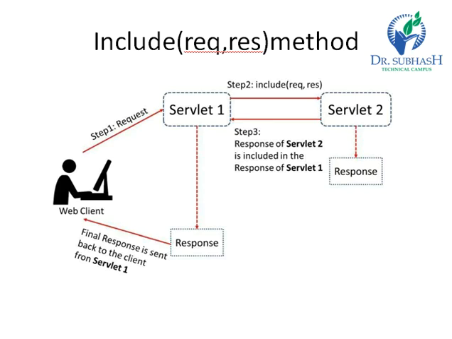The request and response must be the same objects that are passed to the service method. In both the forward and include methods, the request and response objects must be the same ones forwarded to the other resource or page in the request dispatcher task.